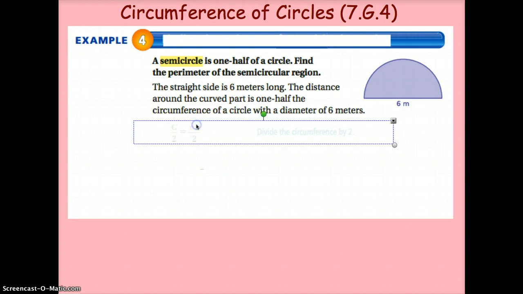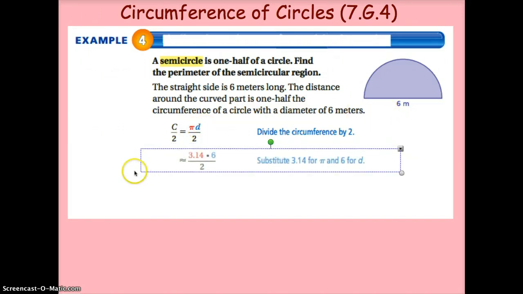So I can use my formula, and this time I'm putting it over 2 because I'm cutting it in half. I want half of the full circumference. I can plug pi in, 3.14, or 22 over 7, and I can plug my diameter in at 6 meters. Okay, next I need to do my multiplication, 3.14 times 6, and then divide by 2.